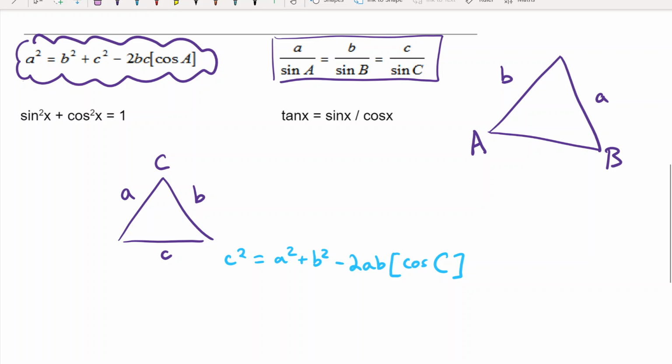So that's kind of a quick way that you can always rewrite the formula for any side that you might be looking for.